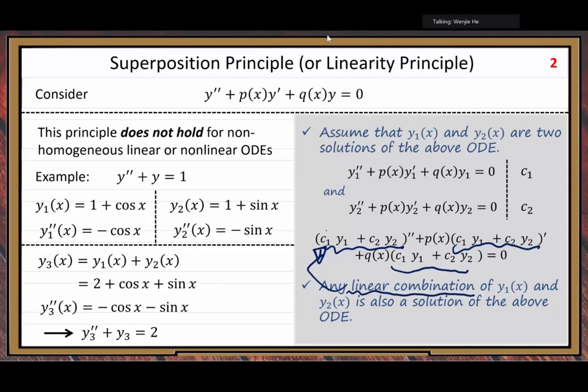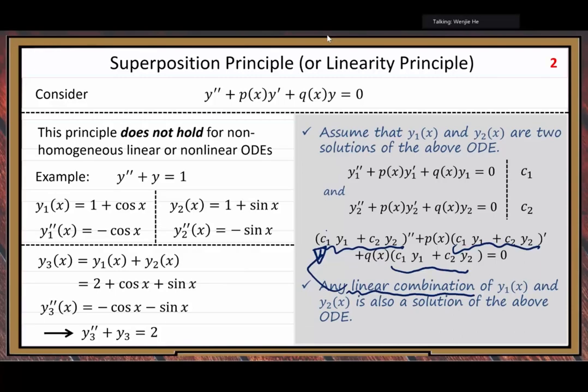Here, we have y1, we have y2, and the sum of y1, y2, y3, you can see, y3 does not satisfy our original ODE. So y3 is not a solution of the original equation because it is not homogeneous. So that's what we covered last time.